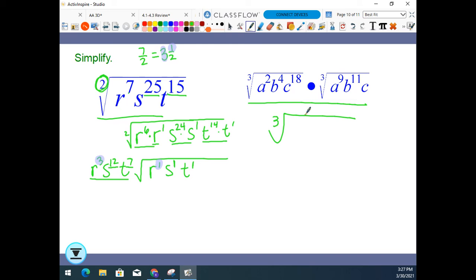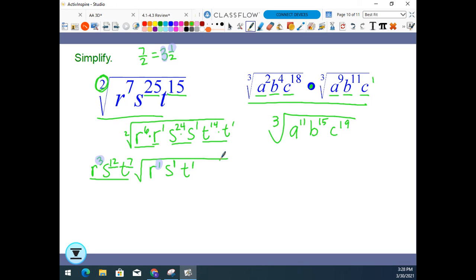So my 2 cube roots go into 1 cube root. Then I'm multiplying a squared times a to the 9th. When I multiply bases, add the exponents. B to the 4th times b to the 11th is b to the 15th. C to the 18th times c to the 1st, don't forget about that 1, is c to the 19th.